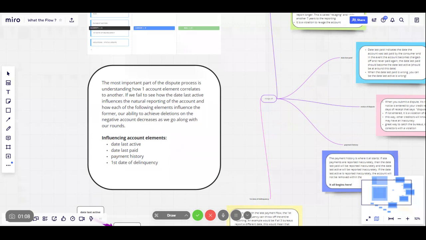If we fail to see how the date last active influences the natural reporting of the account and how each of the following elements influence the former, our ability to achieve deletions on the negative account decreases as we go along with our rounds. And that's exactly what I just said. So, these are influencing account elements: date last active, date last paid, payment history, and first date of delinquency.